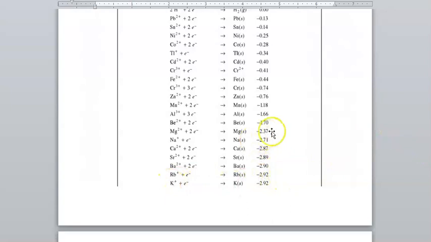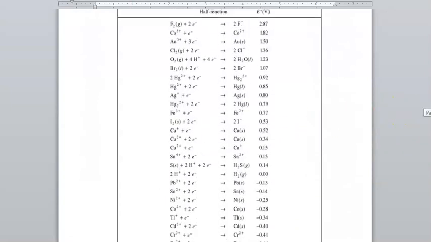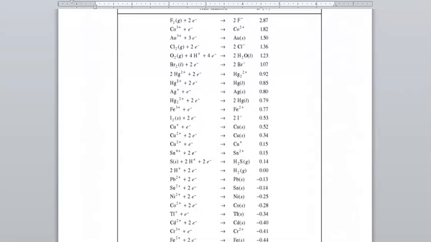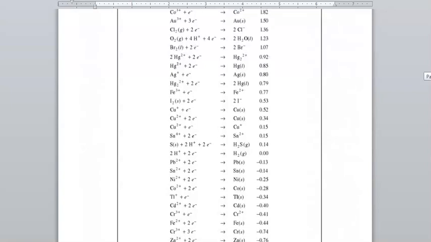These numbers have all been based on hydrogen. Basically, they tested all these elements or ions versus hydrogen in a galvanic cell. And if you notice in the chart, the hydrogen ion is set at 0. That was the standard, and everything got tested against hydrogen.